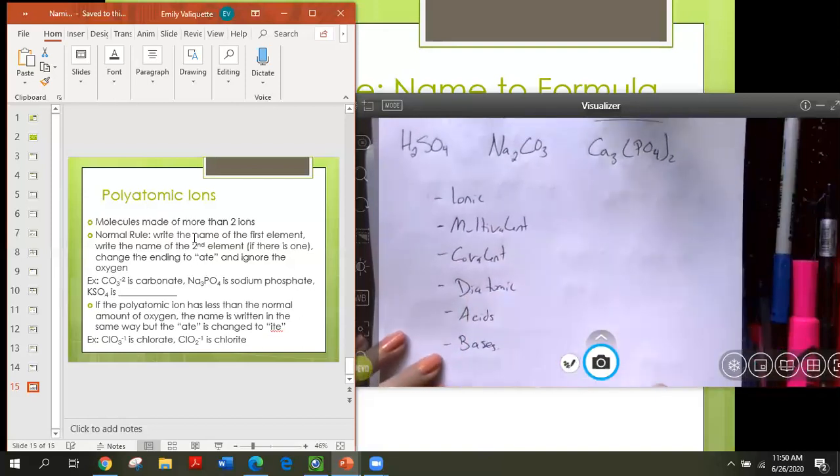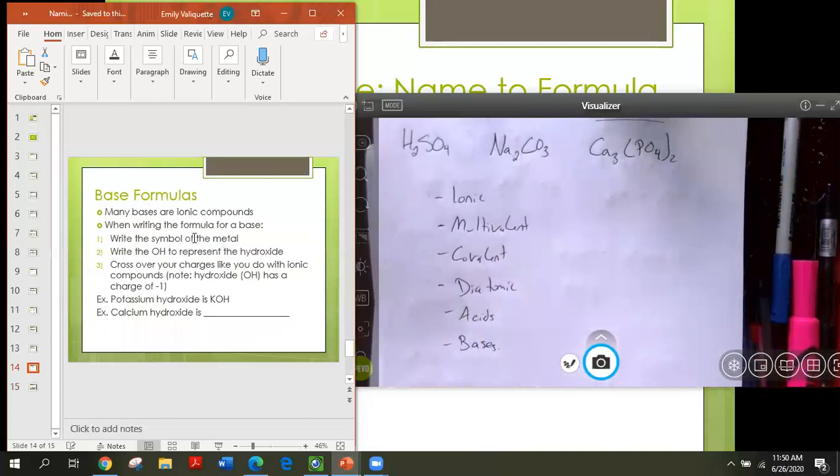Each one of those has different naming rules that you have to memorize and know how to deal with. And for all of them, again, know how to write the name if you're given the formula, and the formula if you're given the name. Okay, that's it for today.